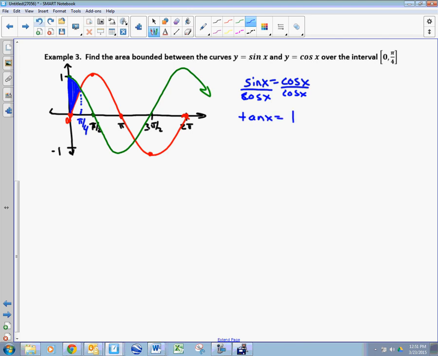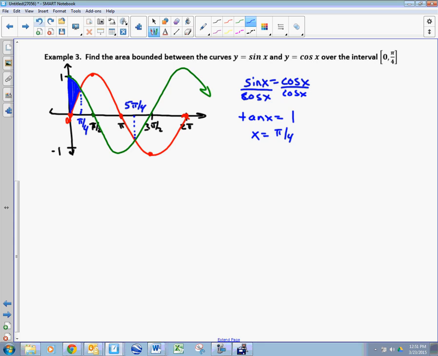Where is tangent equal to 1? Inverse, you get pi over 4. So that is the solution right there. One of the solutions, because you can see you have another one right here, at 5 pi over 4. So we're just looking at that spot. Fortunately for us, it's right there. So that interesting shape has an exact area that we could calculate.